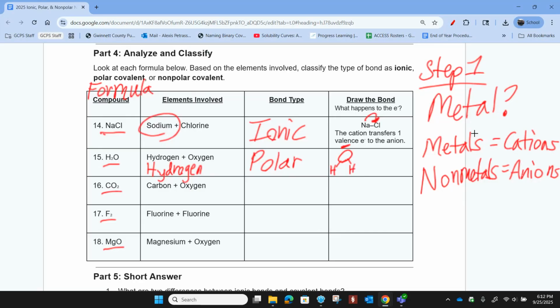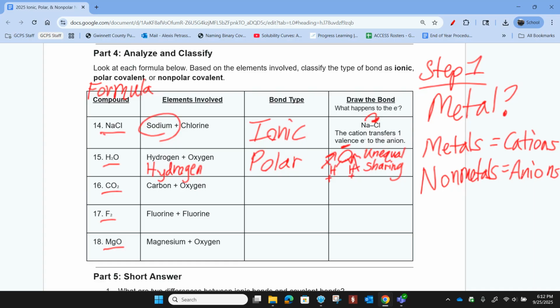Oxygen has a slightly negative charge. The hydrogens have a slightly positive charge. And what's happening to the electron? It's unequal sharing. That oxygen is pulling the electrons towards it.